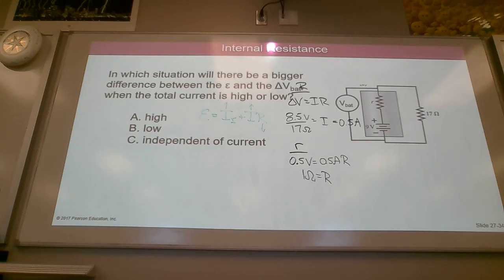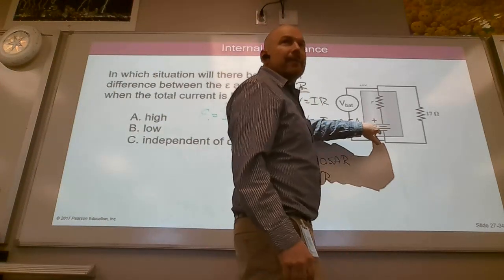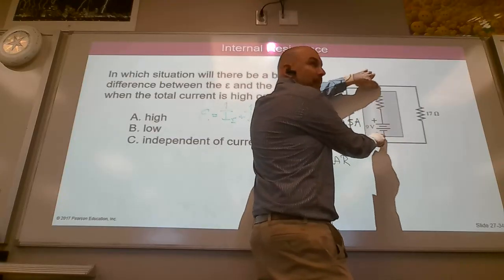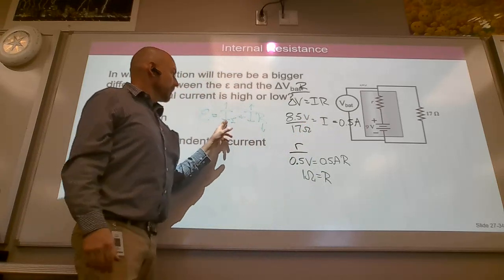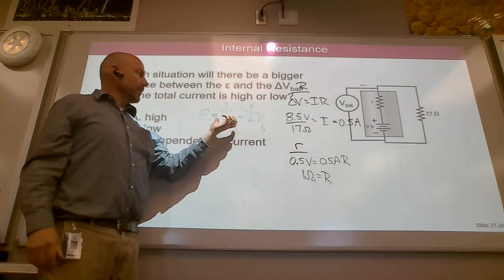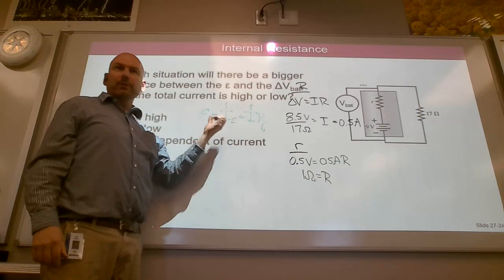Okay, the correct answer is there's a higher current. There's going to be a bigger discrepancy between your EMF and the voltage across the terminals, because as the current goes up, there's a bigger voltage drop from the internal resistance.